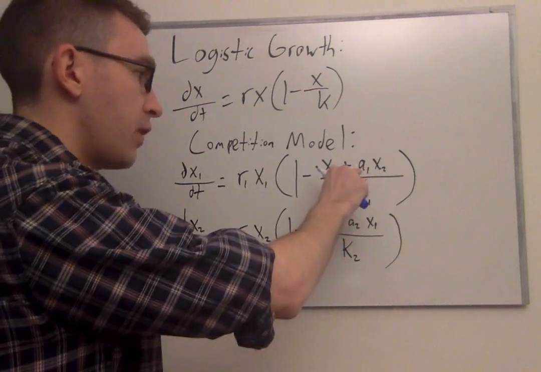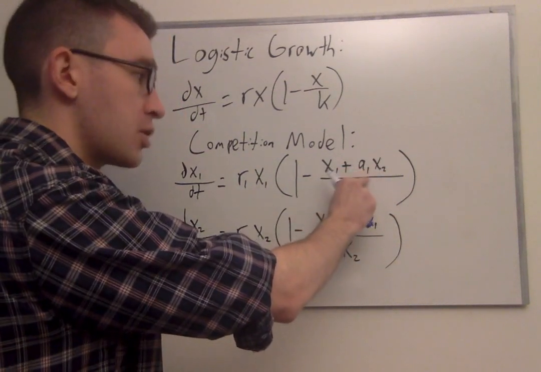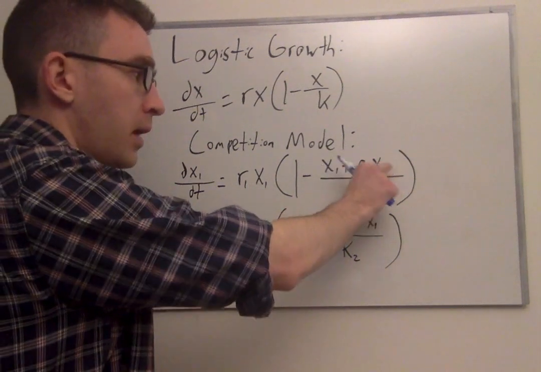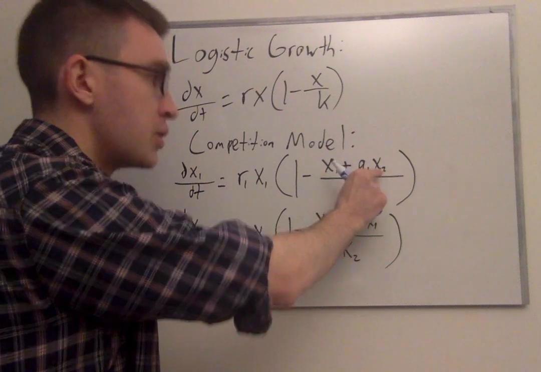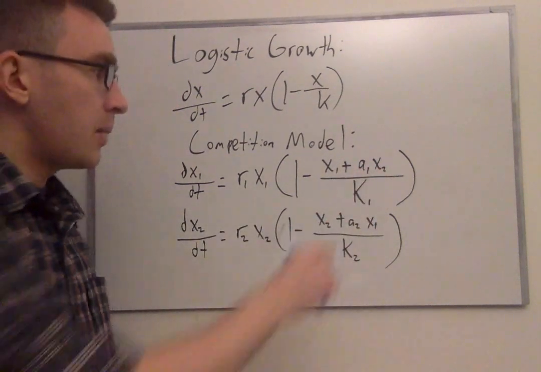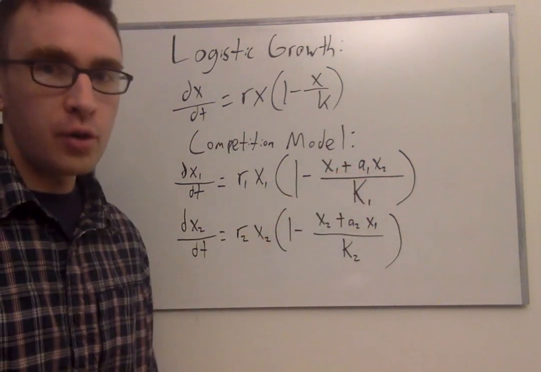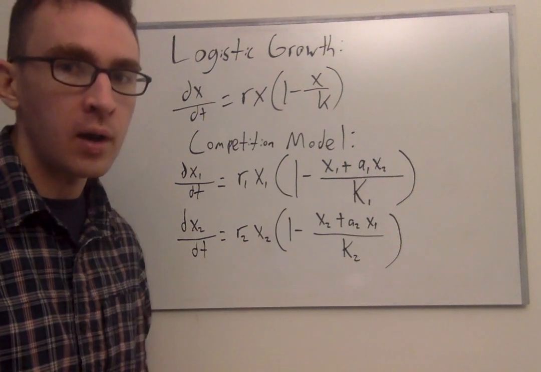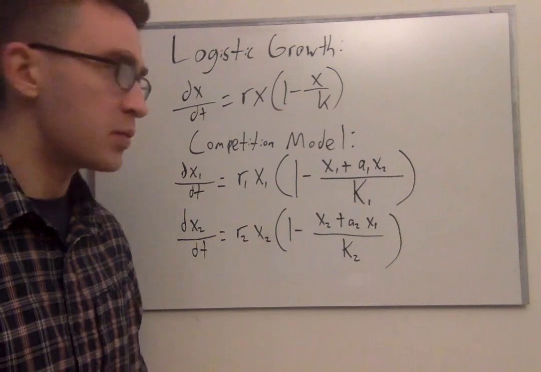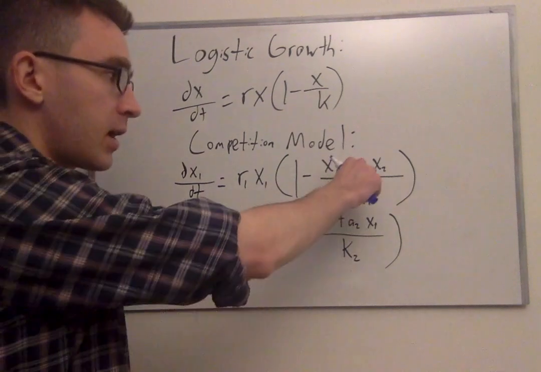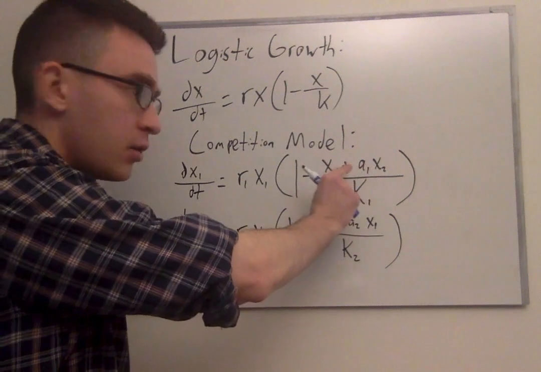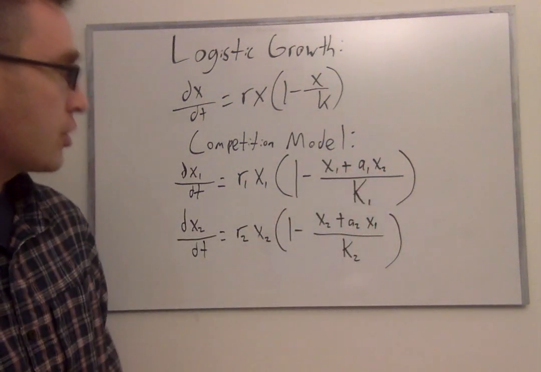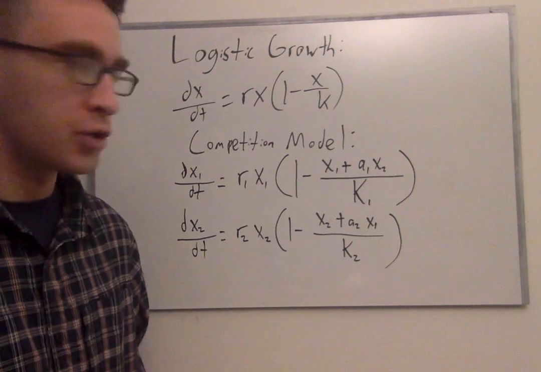So we have some scaling parameter a1, a constant parameter, that's multiplied by x2, the level of species two. So a1 is a parameter that determines what kind of effect species two is having on filling up the carrying capacity of species one, so that we can account for the interspecies competition here. And other than that, it works the same as the carrying capacity in the logistic growth model.